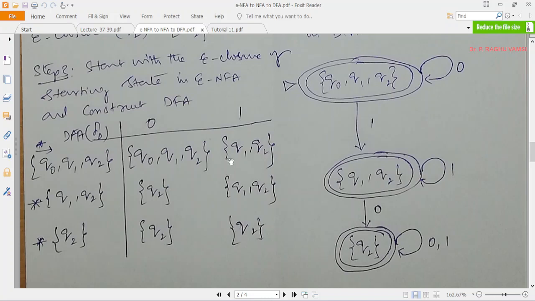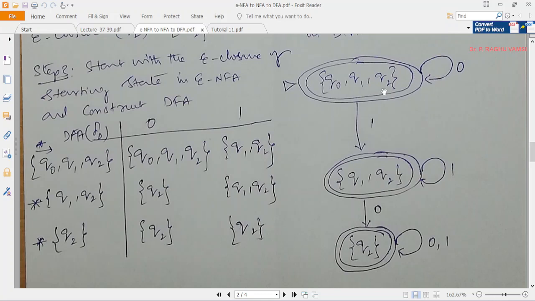Now you look at it, it is further improved from the epsilon-NFA to the DFA, in which for any given input, it goes into a specific state. For example, we'll consider {Q0, Q1, Q2} as state A. Now on A, if you supply 0, it results in state A itself.